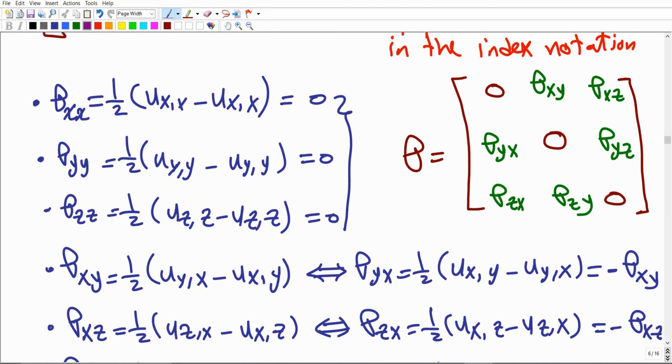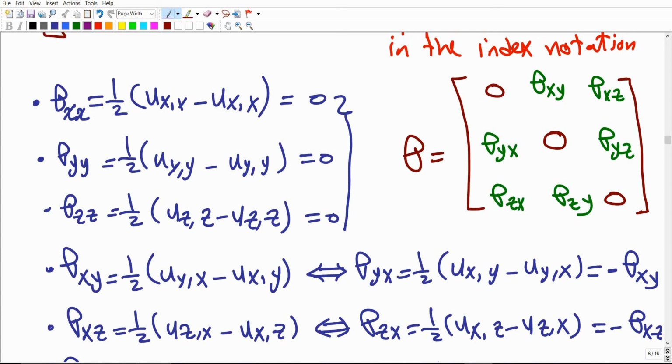So this is a tensor, and it has only 3 components. Previously, we said that the thing that has 3 components is a vector. You got my point? This is a tensor that should generally have 9 components, but 3 of them are zeros, and 3 of them are identical to the other 3 except for the sign.